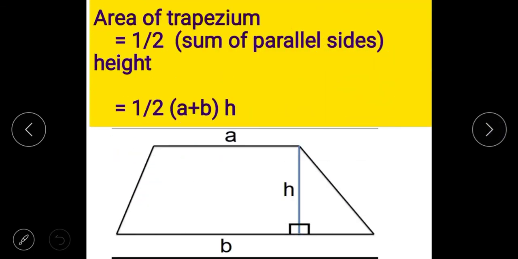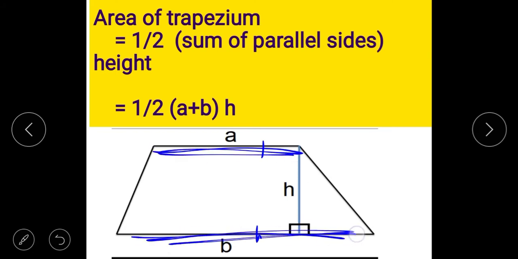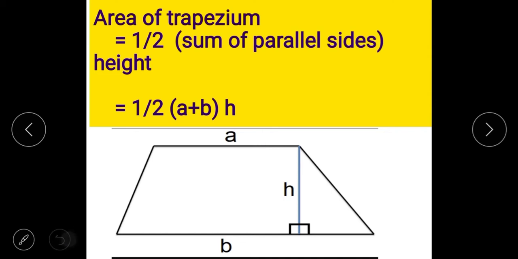Now the area of a trapezium is half of the sum of the parallel sides, that is A plus B, multiplied by the distance between these two parallel lines. Here the two parallel lines are represented by A and B and the distance between them is h.